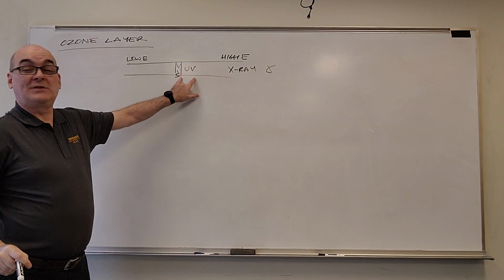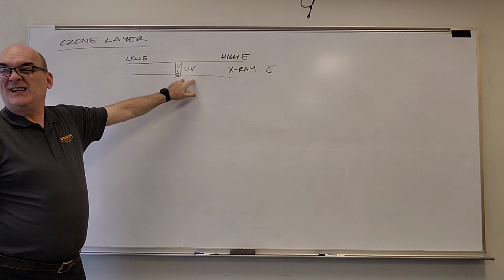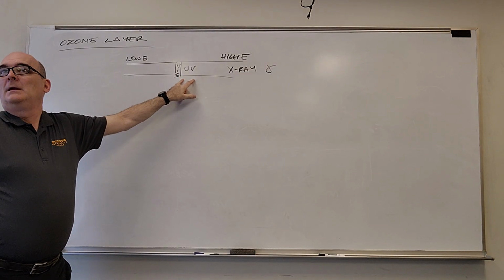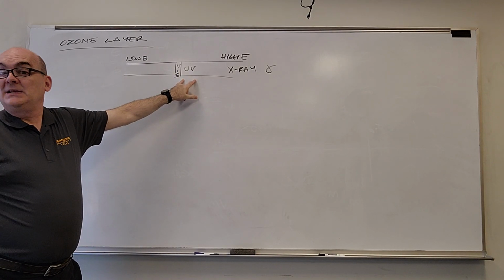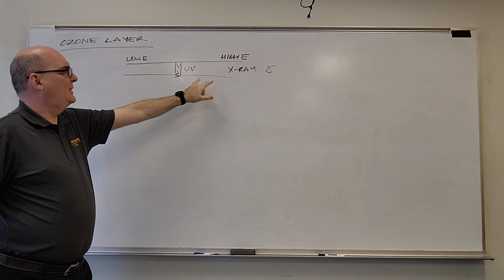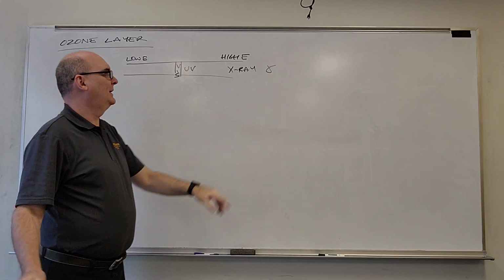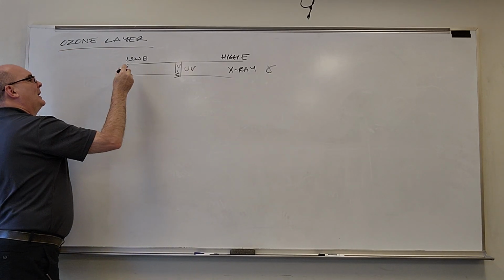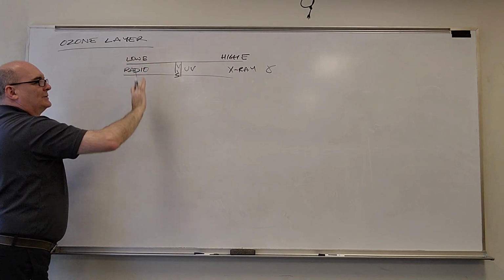So ultraviolet's the region that we're really interested in. This is just enough energy to dislodge electrons. So this is going to do what it says it's doing. It's going to ionize our materials. These are so high in energy that they dislodge things in a slightly different way. And down here at the low energy where I've got radio, this isn't important to us.